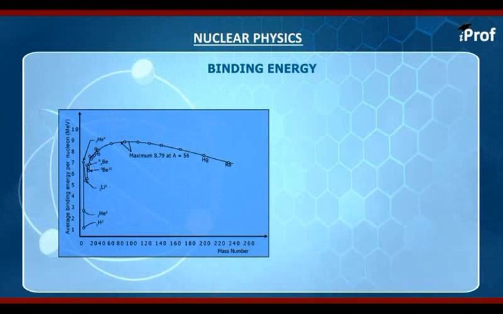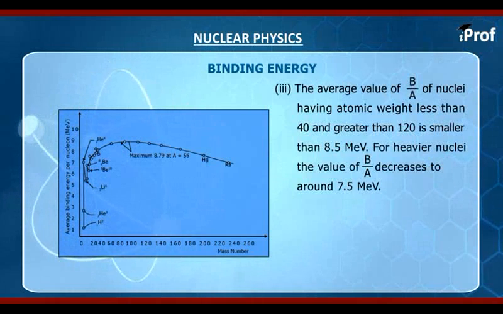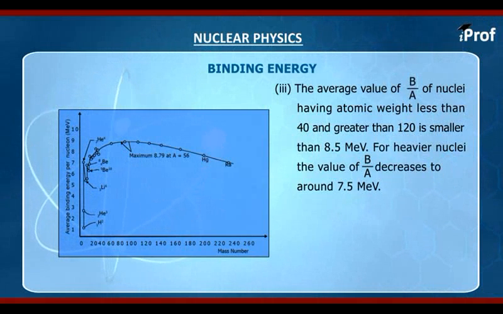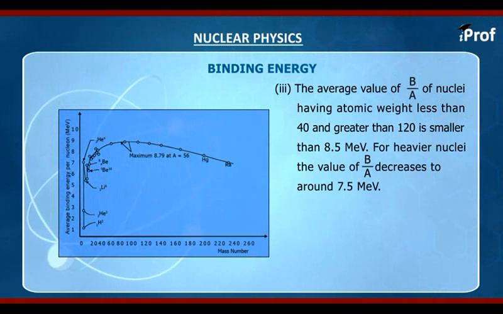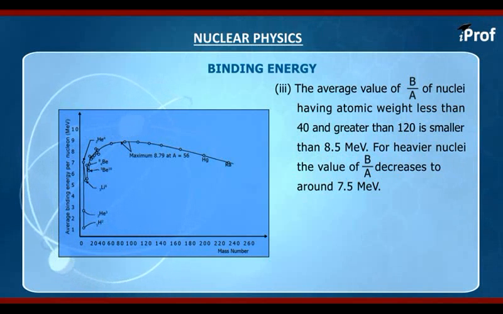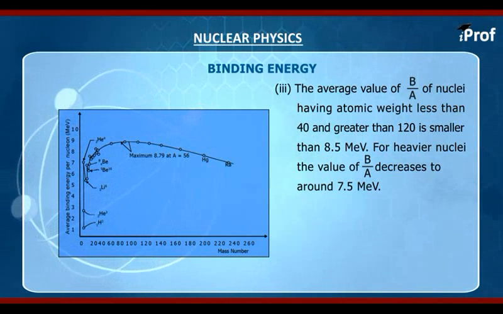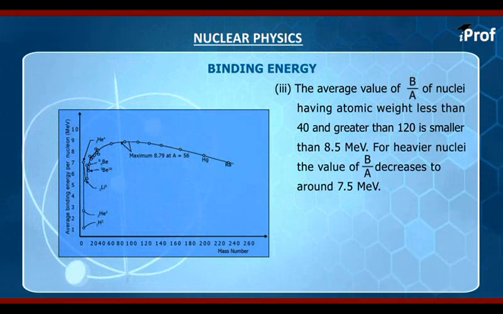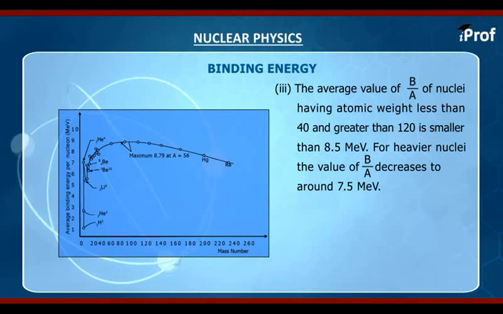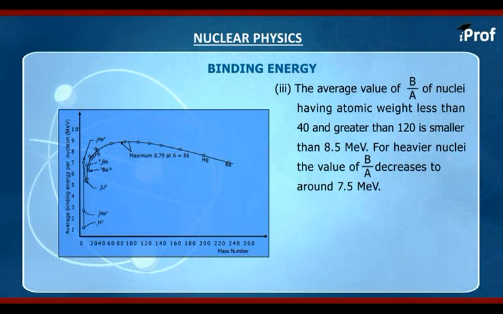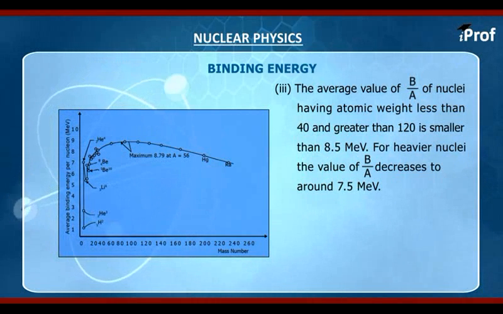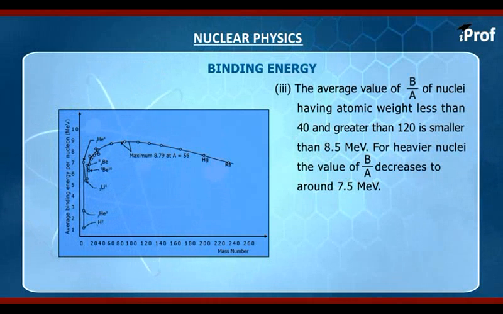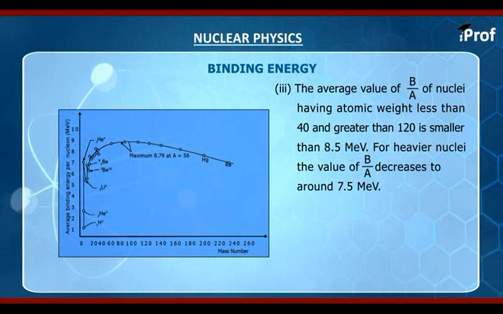Now the average value of binding energy per nucleon of nuclei having atomic weight less than 40 and greater than 120 is smaller than 8.5 million electron volt. For heavier nuclei, the value of binding energy per nucleon decreases to around 7.5 million electron volt.